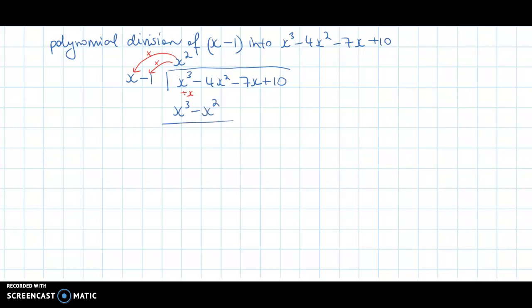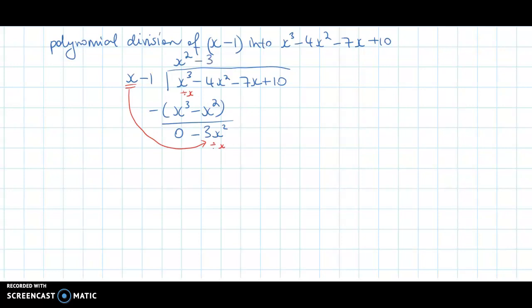I rule it off. I then do my subtraction step. So x cubed minus x cubed gives me 0. Moving over to the squares, I've got minus 4x squared minus x squared, so really it's minus 4x squared plus x squared. So I'm going to have negative 3x squared. And I start things off again. With the x, how many times does x go into negative 3x?